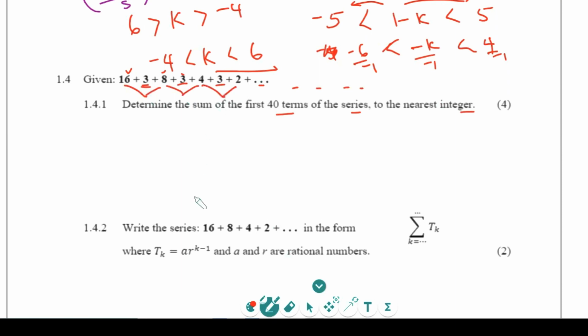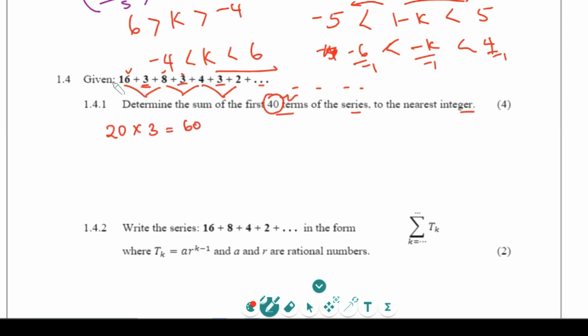Since we have a uniform sequence of 3s, and we're talking of 40 terms, half of the 40 is going to be made of 3s, and then the other half will be made of this other pattern. So for the first case, I'll say 20 times 3, and then I'll have my 60.